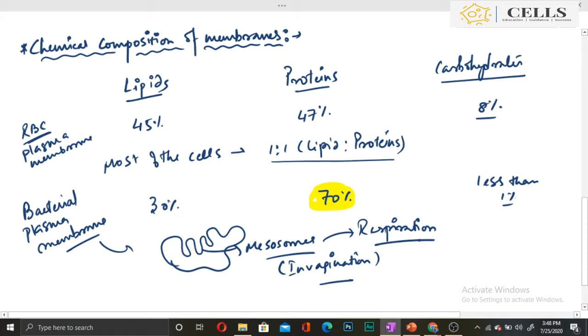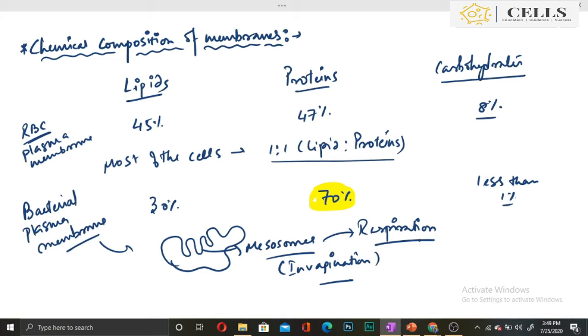Please write it down: as bacteria do not have mitochondria, they have to perform the function of mitochondria. We know that the mitochondrial inner membrane has lots of proteins, like different enzymes.